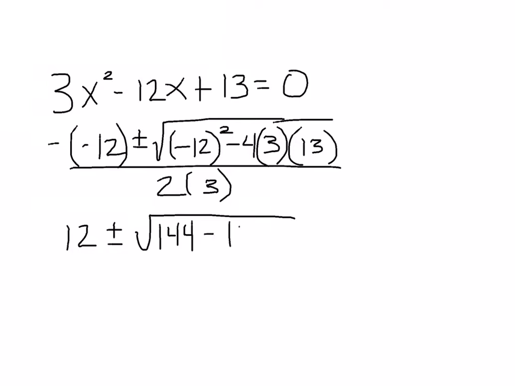Negative 156. Good. All over, what is 2 times 3? 6. Good. On the inside, what's 144 minus 156? Negative 12.